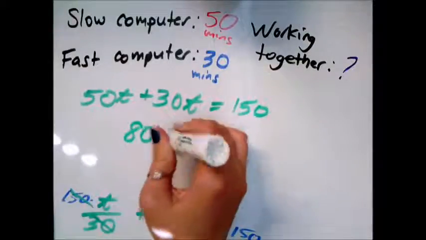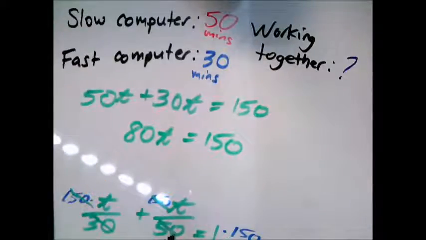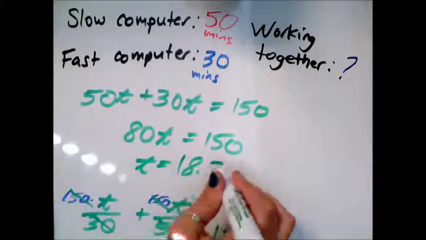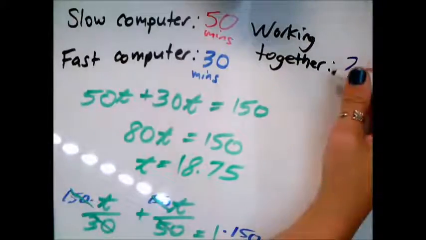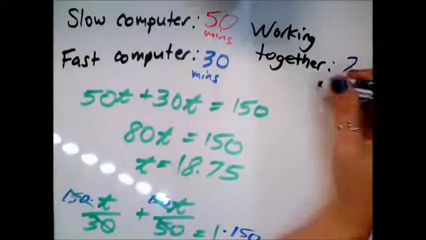So I have 80t equals 150, and I divide both sides by 80, and I get t is 18.75.